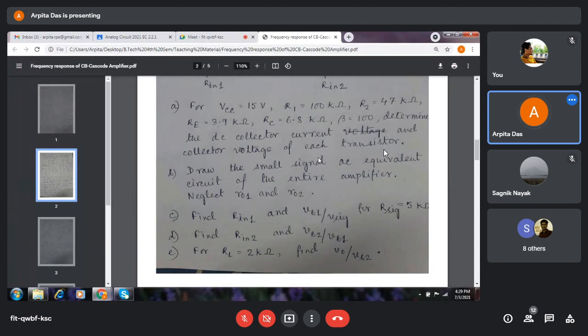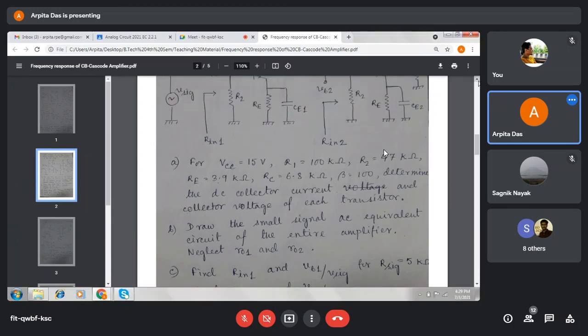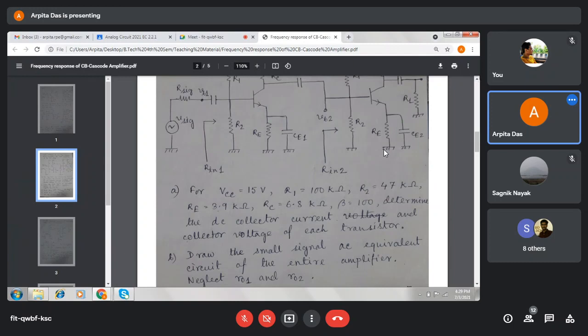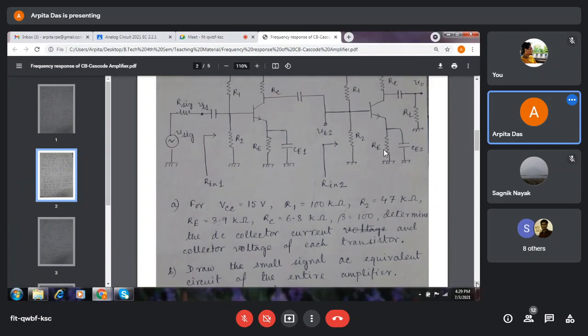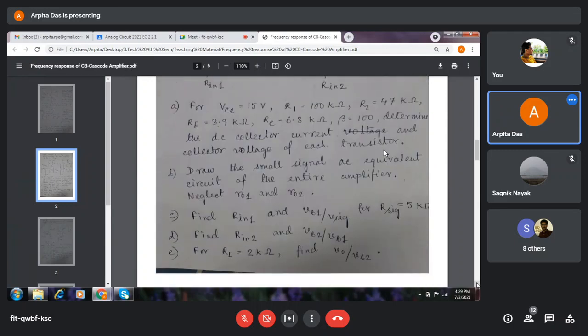Now after drawing this AC equivalent circuit, you can easily calculate the value of input resistance Ri1 for stage 1 and also the value of, this is not input resistance, this is actually the output resistance.